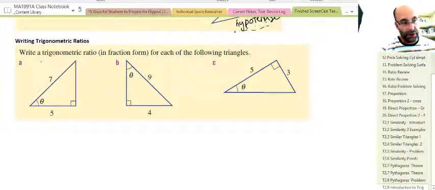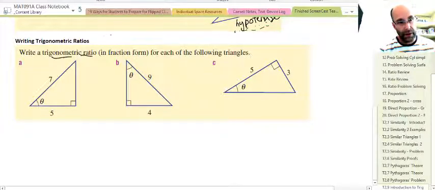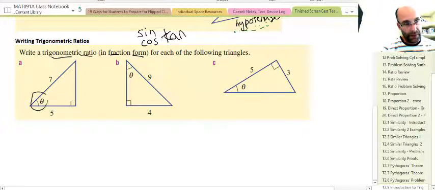Lastly, some examples. This is an important skill you will need. We need to write a trig ratio in fraction form, so we don't have to calculate the decimal, for each of the following triangles. So we're going to have to choose out of sine, cos and tan, and we're going to need to put them in the correct order. The correct thing over the correct thing. They can't be upside down. First one, start at the given angle. What do we have?